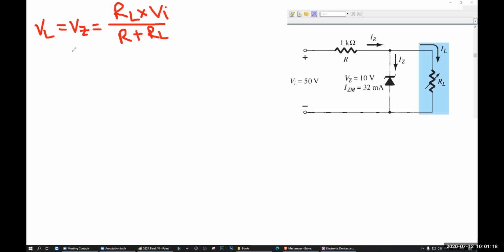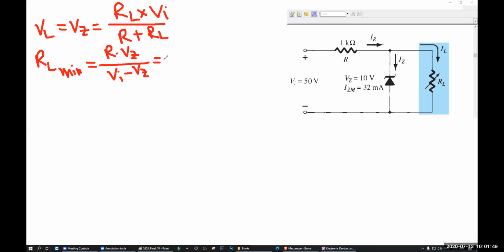Okay. From this math, we can find out the RL. RL should be minimum. That is the formula we already found earlier.